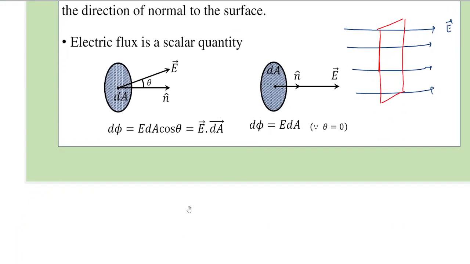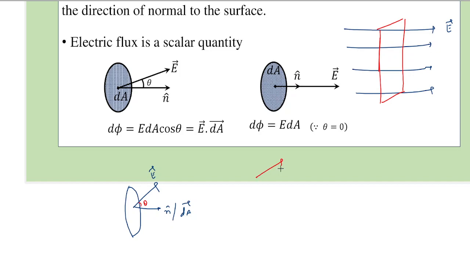Just come back in a minute. Think of a case where a small area is given here, a small area like this, and the field is in this direction, while the normal to this area would be in this direction. We call it n cap. N cap basically means here it is dA cap only, because it is a small region. Let the angle between the electric field and this direction be called theta.